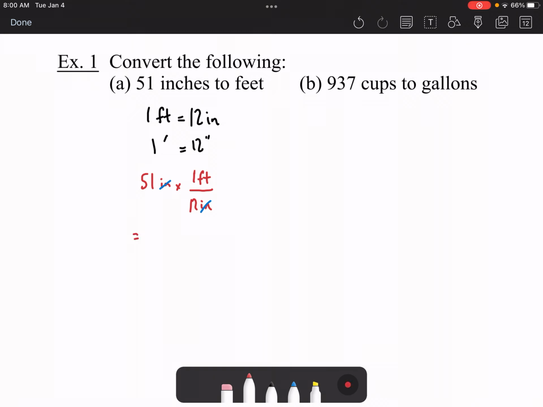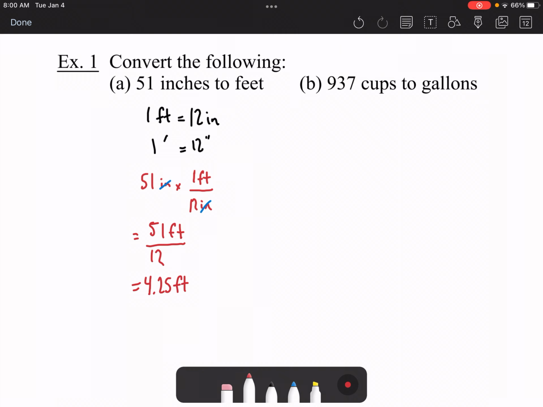So you're going to be left with 51 times 1, which is 51 feet, divided by 12. Now you just use your calculator and you get exactly 4.25 feet. You can leave this as a fraction if you prefer, as 4 1/4 feet, but 4.25 feet is just fine by me.